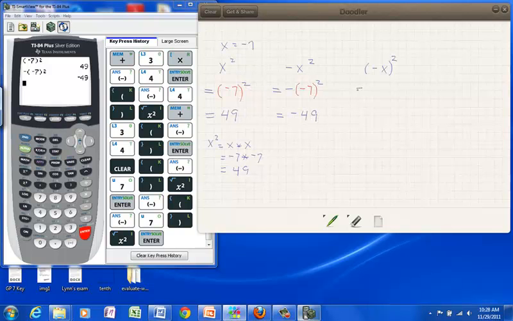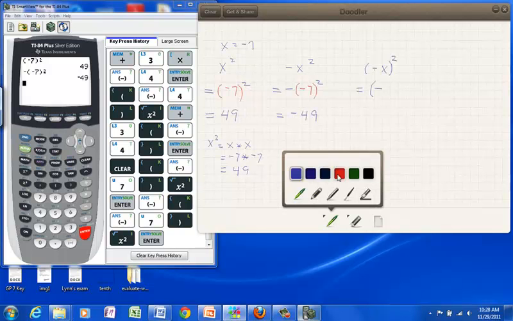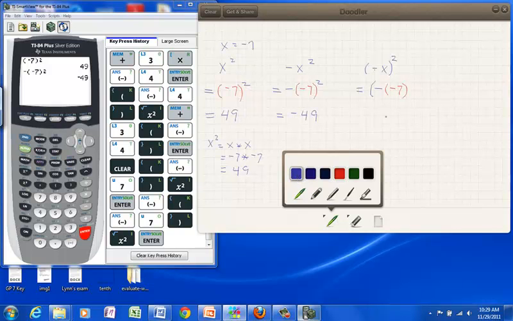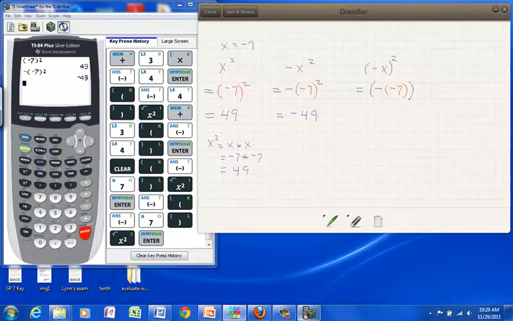Now for the last expression, the parentheses were already there, this negative sign was already there, and when I substitute for x, I'm going to put -7 in parentheses. Again, there's the parentheses that was part of the original expression and the squared sign.